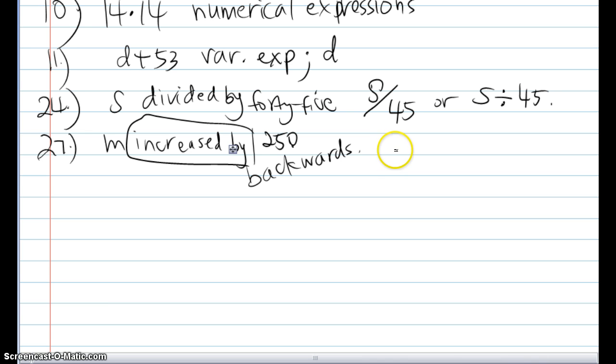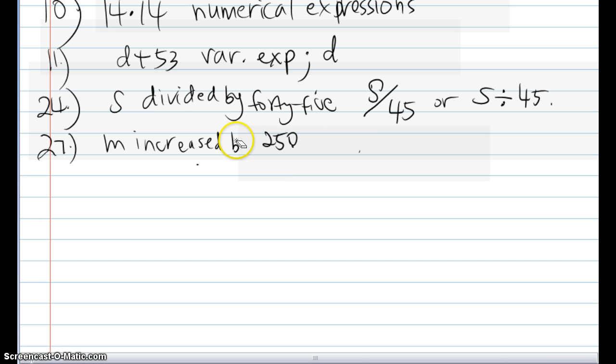This one is not a backwards word, actually. Sorry. So it's just simply going to be M plus 25.